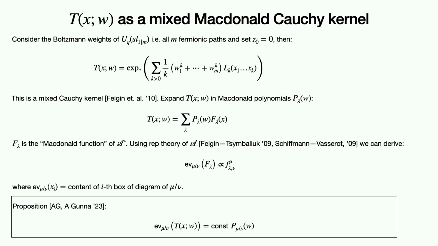So if you sum together Macdonald functions with these coefficients, you will get so-called skew Macdonald functions. So that shuffle exponential reproduces skew Macdonald functions under such evaluations. And let's now recall the lattice path construction for these objects.